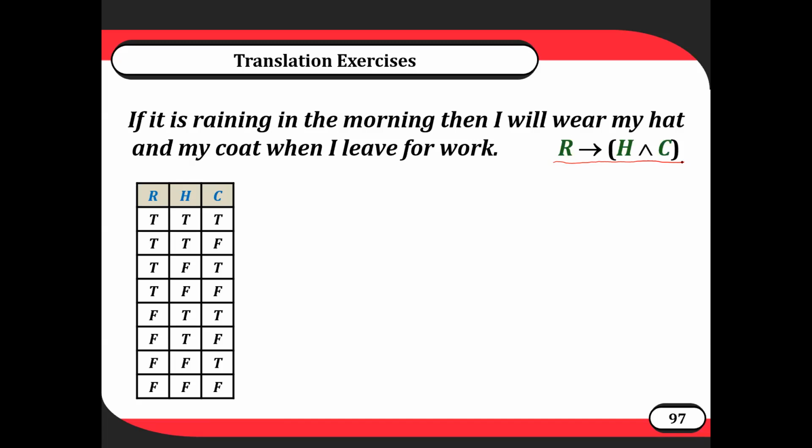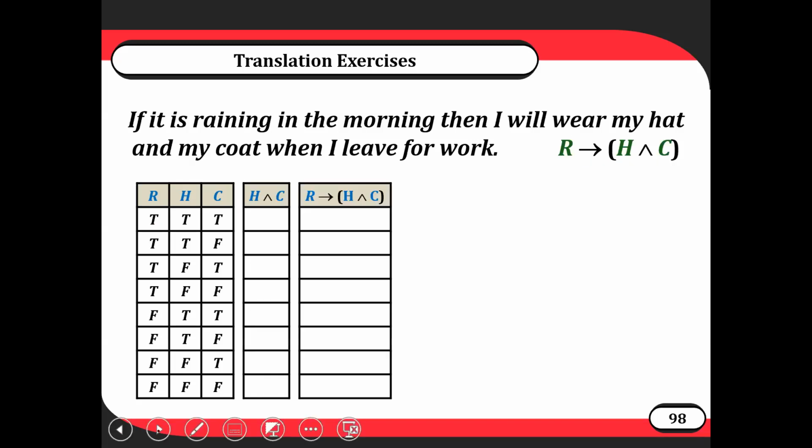But for now, here are all the possible combinations of R, H, and C. And from here, we want to break it down into something simple. So first, we're going to look at this sub-expression and find the truth values for that: H and C.